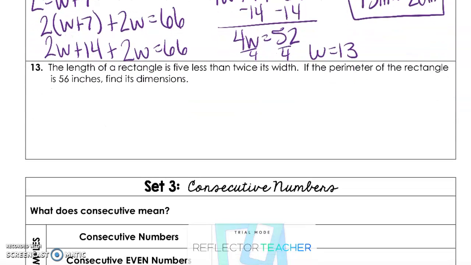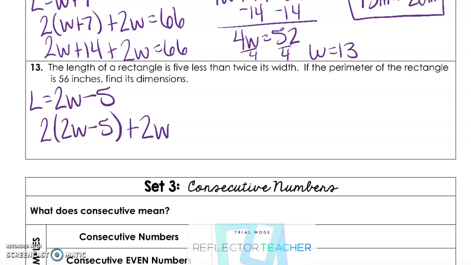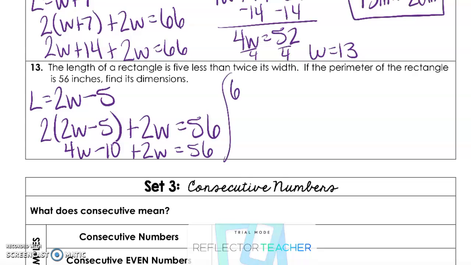And finally, number 13. The length of a rectangle is 5 less than twice the width. So 2w minus 5. So 2 times 2w minus 5 plus 2w is equal to 56. 4w minus 10 plus 2w is equal to 56. 6w minus 10 is equal to 56.